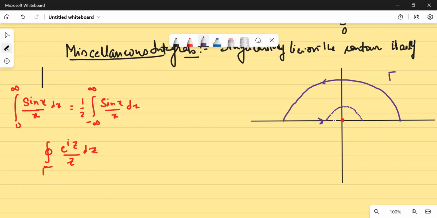I would indent the contour. I will not cross the singularity, and I will enclose the singularity inside a semicircle of radius as small as possible, say epsilon, and epsilon tends to 0. I'm showing you an exaggerated version right here, so don't get confused. Okay, is that clear?